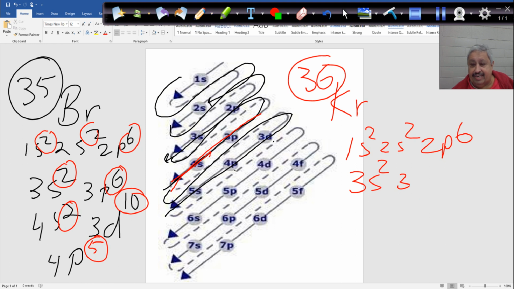So you tell me what's next. 3p6. After that, what? 4s what? 2. After that, 3 what? 3d maximum of 10. After that, 4p what?